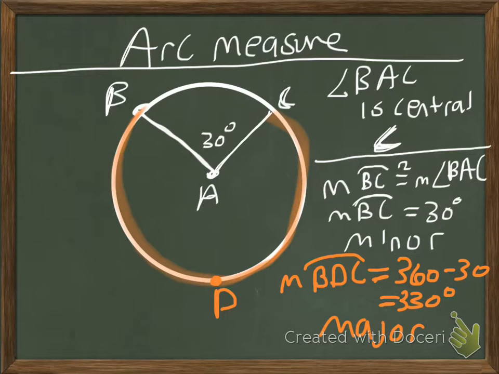Or you could have also done that with the angles and said that you had an angle of 330 degrees here as well. Again, knowing that the central angles all have to add up to 360, and you already have 30 there.